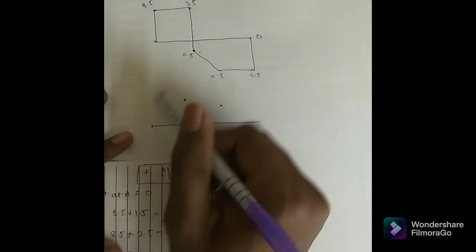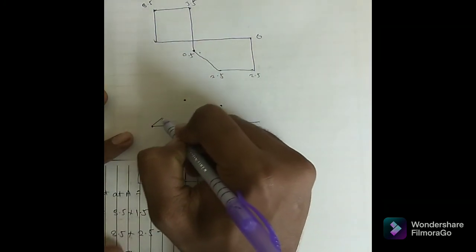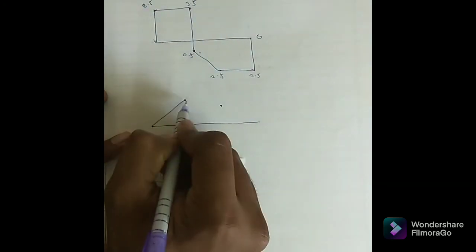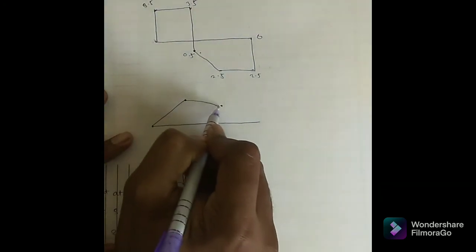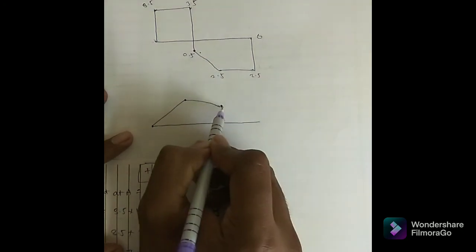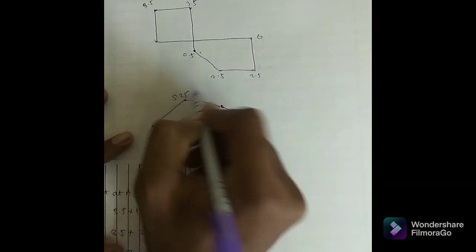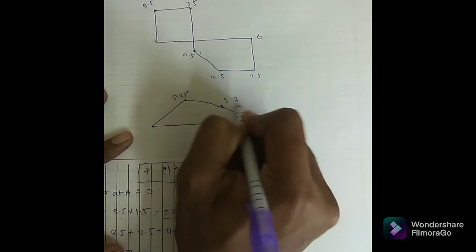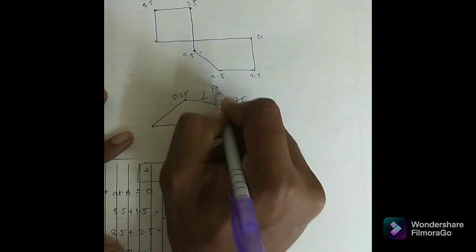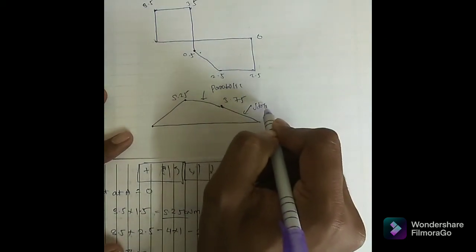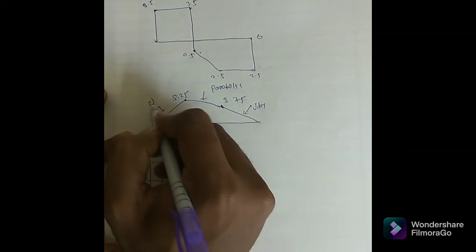So only one we need to consider, this part we have to join with a straight line, then UDL part we have to draw like a parabolic curve, okay, like that, and then again a straight line. So here this is 5.25, this is 3.75, this will be parabolic and these are straight lines, okay.